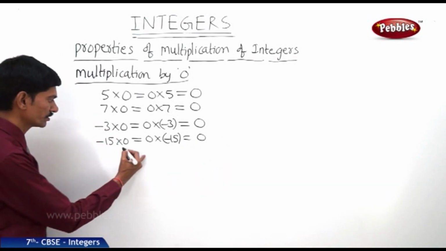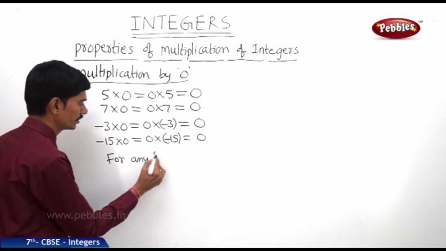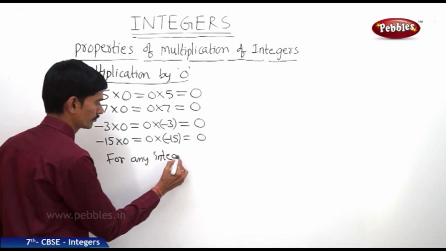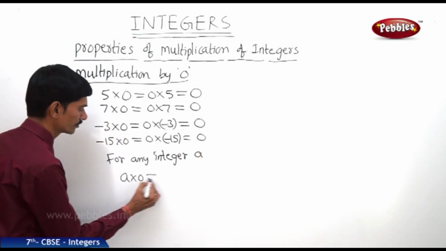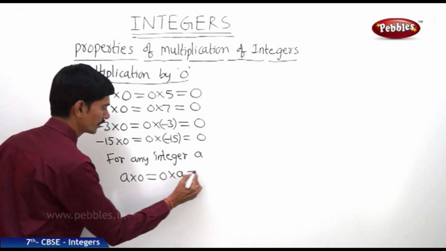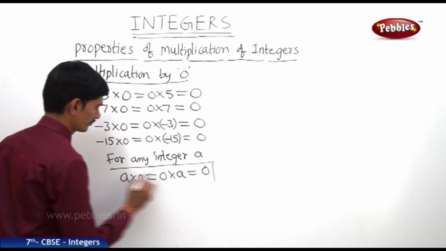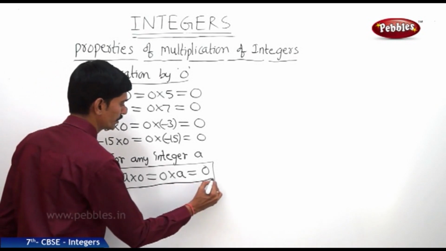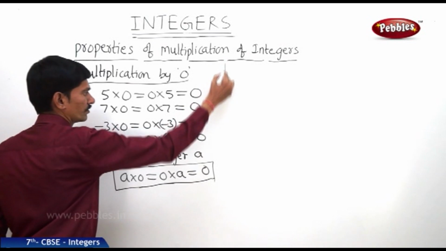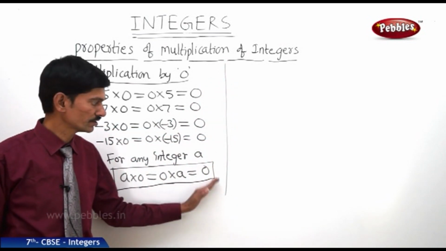If you generalize this, then for any integer a, a into 0 equals 0 into a equals 0. So this is multiplication of any integer by 0.